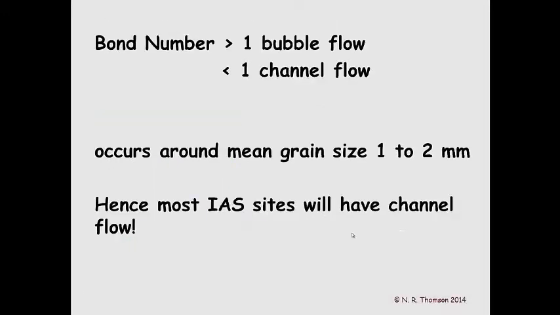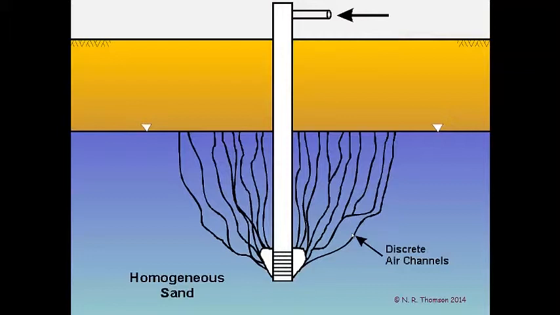It's been shown that a Bond number bigger than 1 will create bubble flow, and a Bond number less than 1 will create channel flow. Bubble flow, or a Bond number bigger than 1, occurs around a mean grain size of 1 to 2 millimeters, which is quite large. Hence, most air sparging sites will have channel flow. So instead of bubbles, we see a random array of discrete air channels.